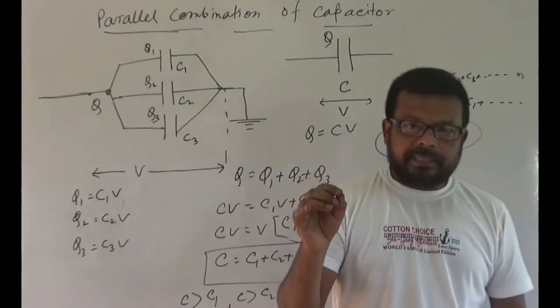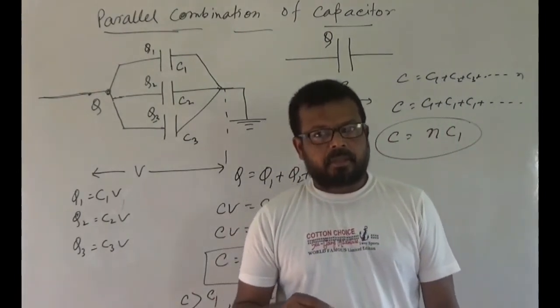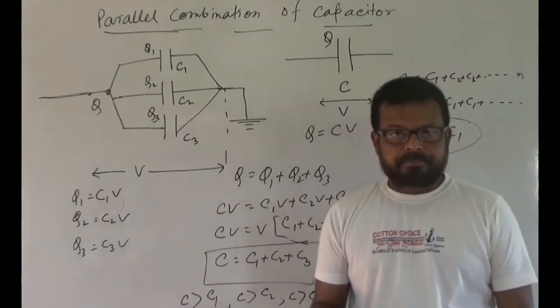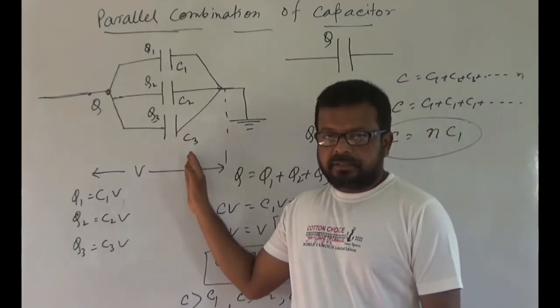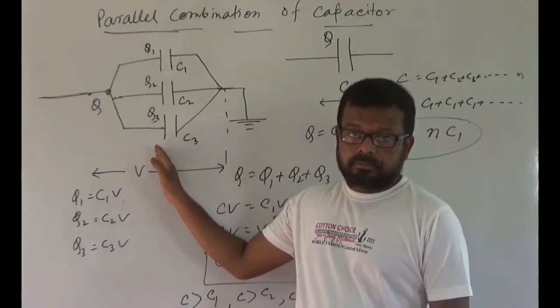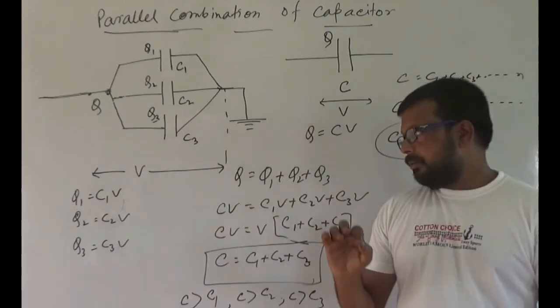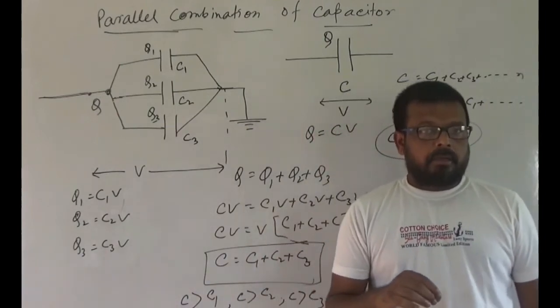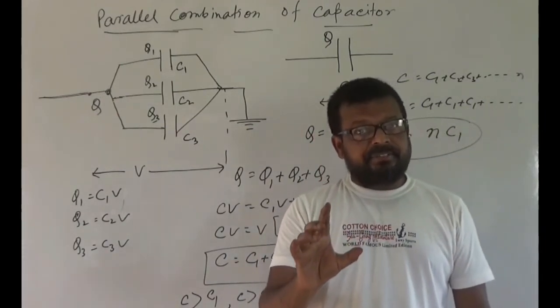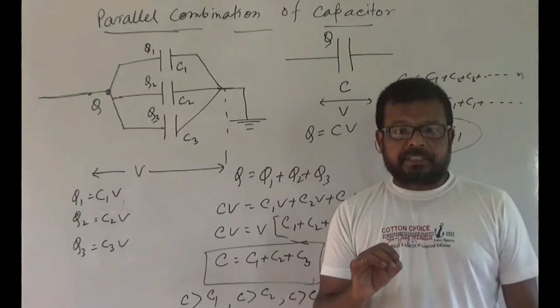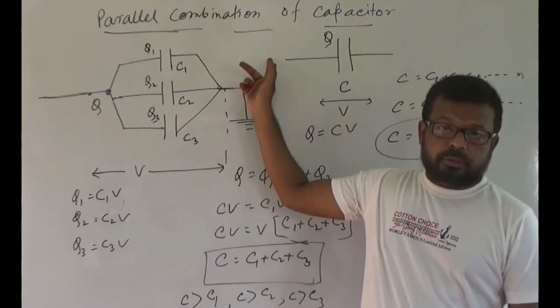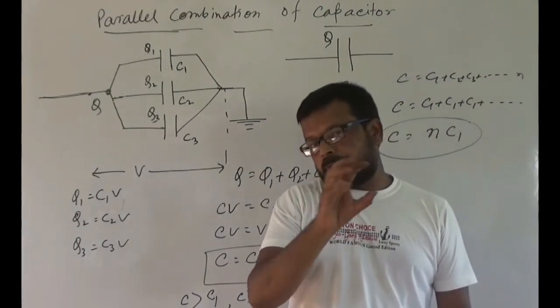For series combination, charge will be the same for each capacitor, but for parallel combination charge is not the same, right? And the second thing is that voltage or potential difference is the same across each capacitor for parallel combination, but not for the series combination. These two things you have to remember.